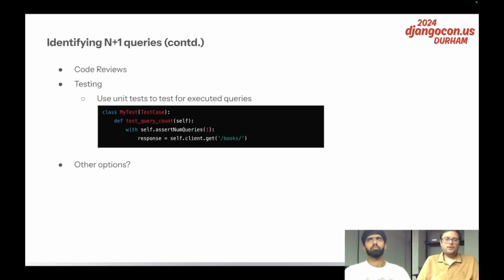And there are a few other options. We can use third-party packages that detect the N+1 problem, or the one that I've used, the most commonly used one, which is the Django debug toolbar's SQL window.